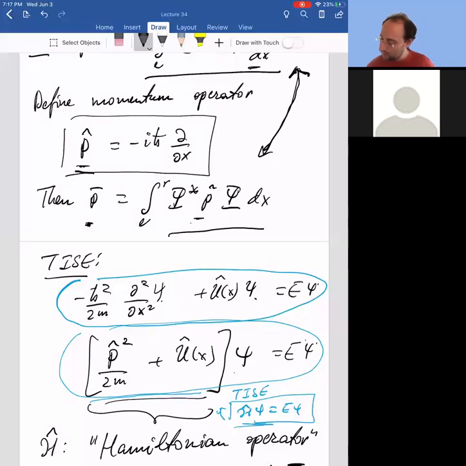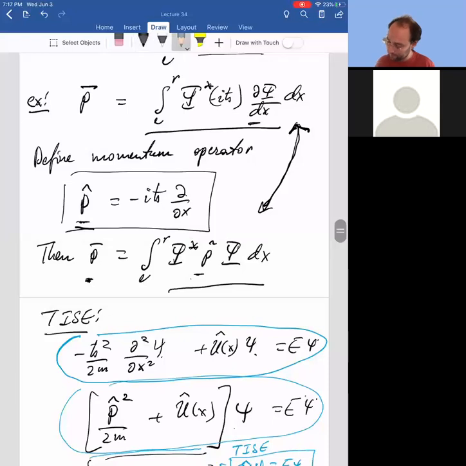Let's recall the time-independent Schrödinger equation, this thing right here, the top blue thing that I'm circling right now. Now that you know about momentum operators, you realize that, without the hat, this first set of terms is really just the momentum operator squared divided by 2m.